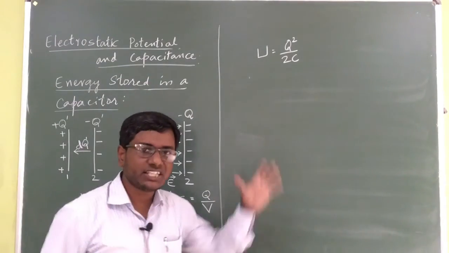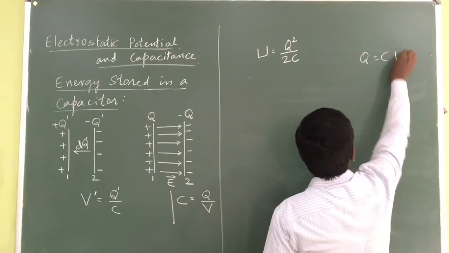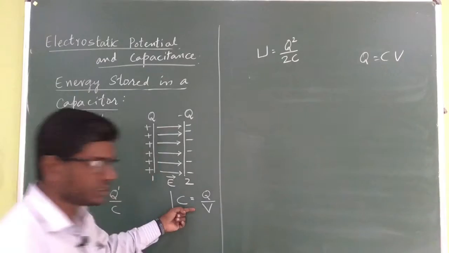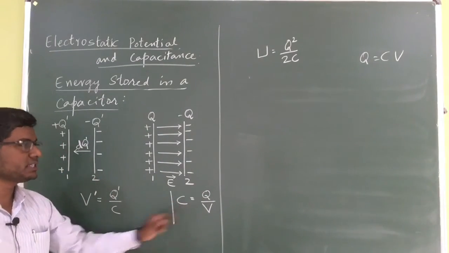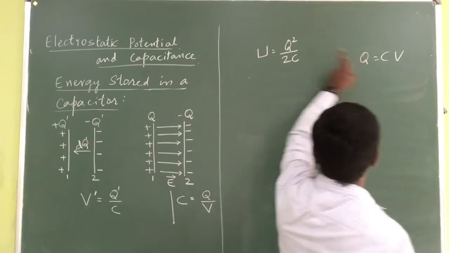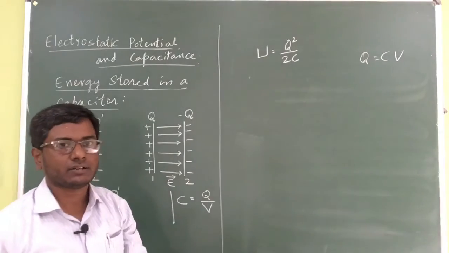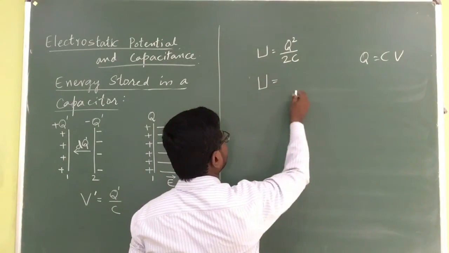Now, we also have Q is equal to CV. How is it coming? From this equation. If I cross multiply this V to this C, Q becomes equal to CV. If I substitute this equation in the place of this Q square, what is going to happen? I have got U on the left hand side.